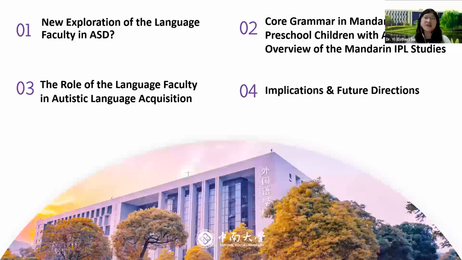Number 2, I want to share with you our current Mandarin studies, which are about the core grammar in Mandarin acquiring preschool children with ASD. Then I'm going to discuss the role of the language faculty in autistic language acquisition. And finally, I'm going to share with you the research implications as well as the future directions.